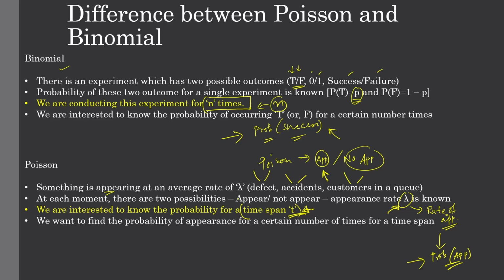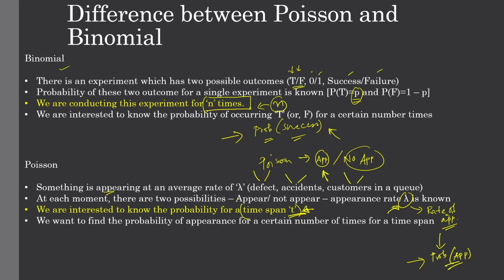Okay, so having said that, can we solve the previous problem using binomial distribution? We had already created the PMF and CDF using Poisson distribution, but can we actually use binomial distribution for the same problem that we have discussed right now?